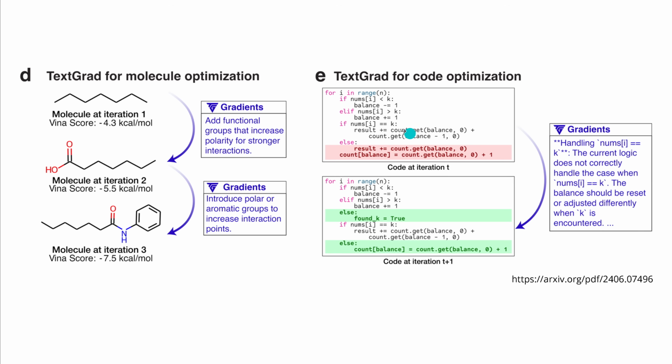And you have here the code at iteration t, and then you have exactly these gradients that come back, that analyze it, that try to improve the code, and then you have the better code at iteration t plus 1. So you see, you are depending now on the intelligence, let's say, of two LLM systems or multi-LLM systems. If you think about it, you can make this in a network of LLMs.